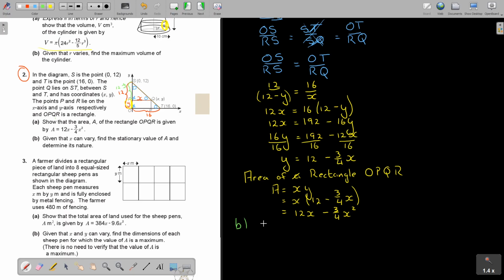So if I'm going to say this is now for the area, I can just say dA over dx is equal to 12 minus, it's actually just going to give me 3 over 2 x, because the 2 goes in 1, 2.